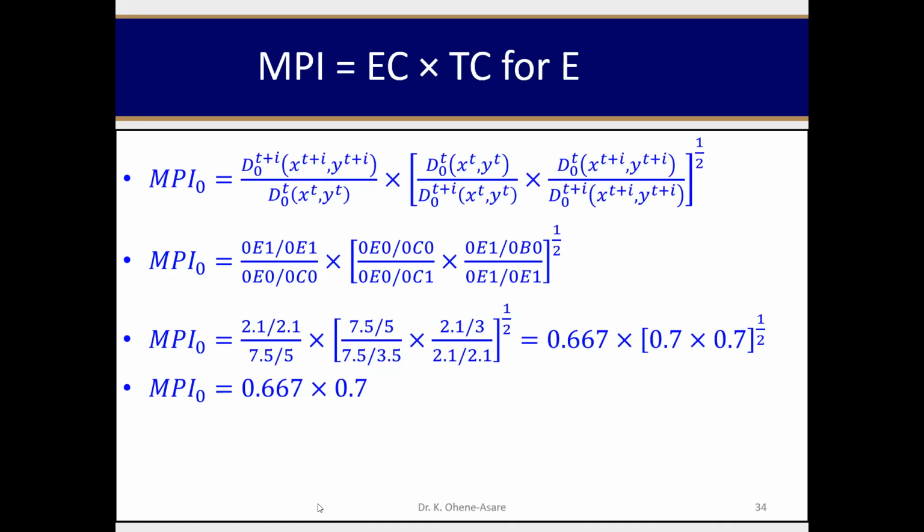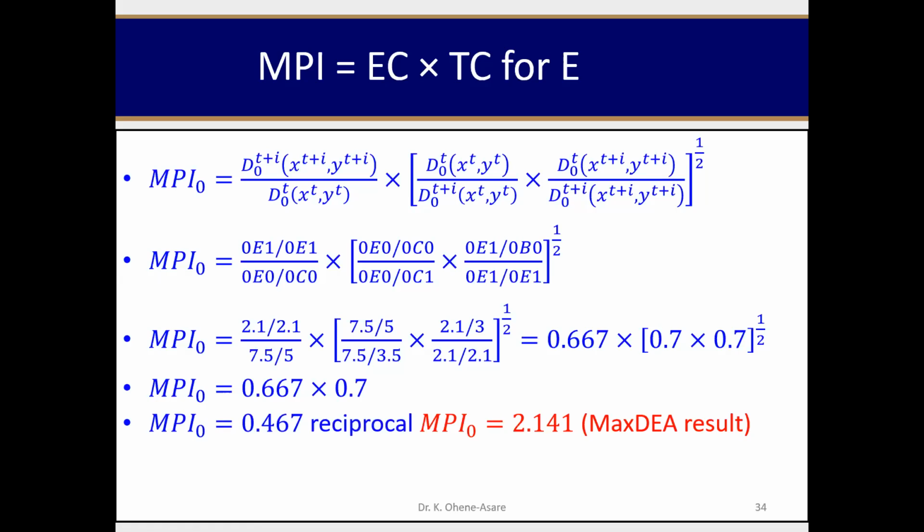All right. Any question on this for E? We are going to use this same firm E to estimate its cost productivity. We have now been able to estimate the technical productivity of E. Now, when you use the MaxDEA result, you are going to get the result in a better way to interpret it easily.